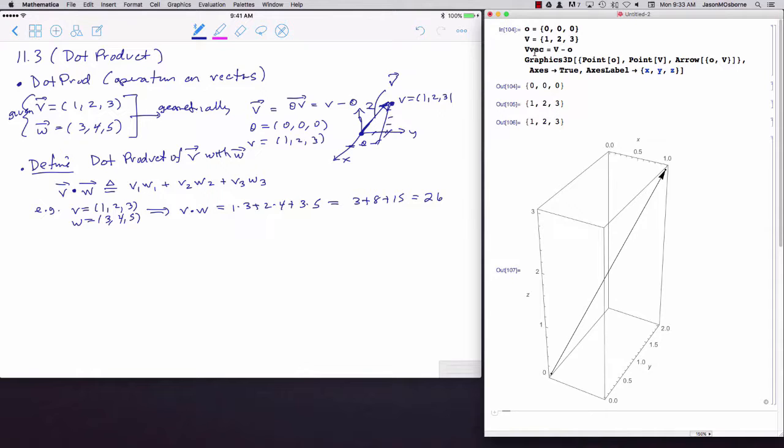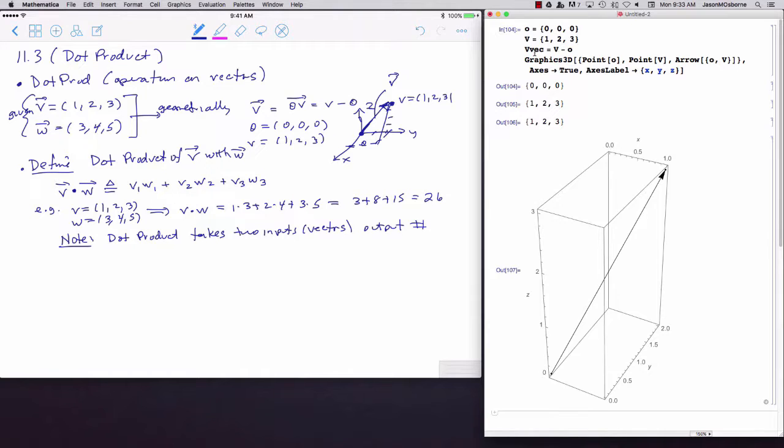Yeah, 26. Okay, so the very important thing to note here is the dot product takes two inputs, and both of those inputs are vectors, and what comes out is a number.